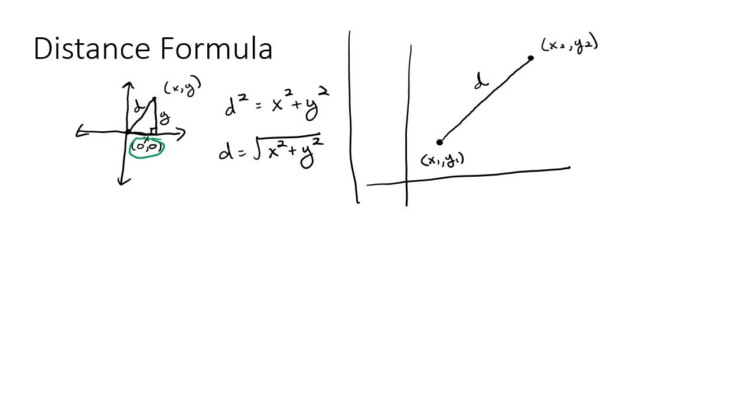Well, the idea is still the same. I'm still going to make a right triangle out of it, but it's not going to be simply x and y anymore for the sides of the triangles. So let's do some labels on the axes to help us keep track of some things here. For this bottom point in the bottom left, that corresponds to x1 on the x-axis and y1 on the y-axis, and similar thing for the second point over here.